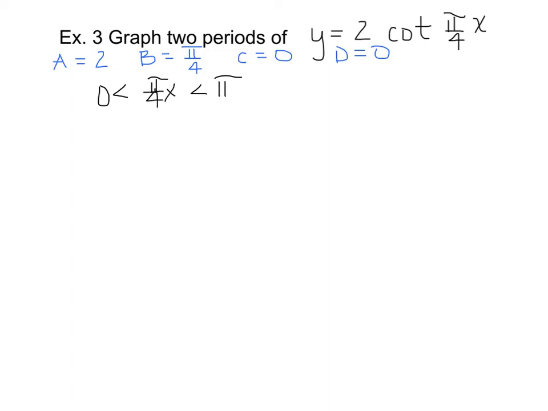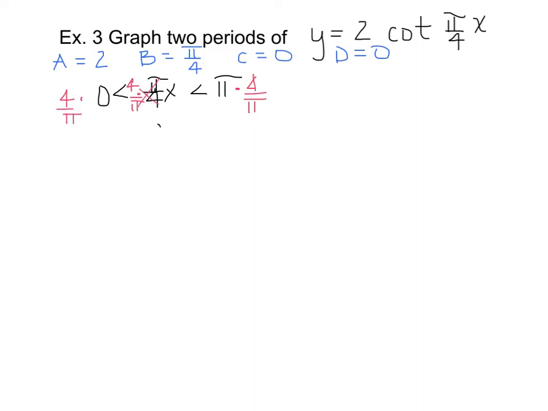bx. And then you're going to solve for x and get x in the middle by itself. So the way that you do that is you multiply by the reciprocal, which is 4 over pi. You have to do it to both sides. And then 4 over pi.